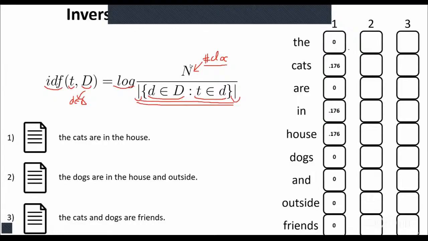So these are basically the values computed by the IDF for the first document. So for "the", this is a very interesting case because "the" appears twice here.